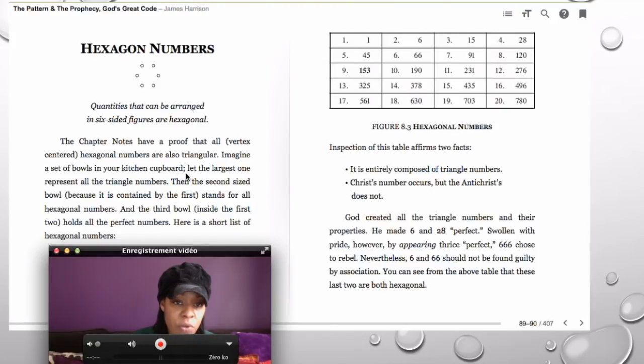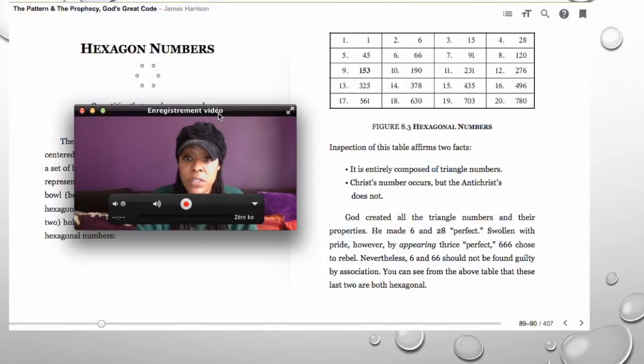Imagine a set of bowls in your kitchen cupboard. The largest one represents all triangle numbers. Then the second-sized one, which is also in the first, is all the hexagonal numbers. And then the third bowl, the smallest of the 3, are perfect numbers.